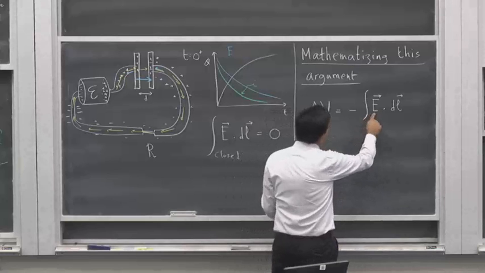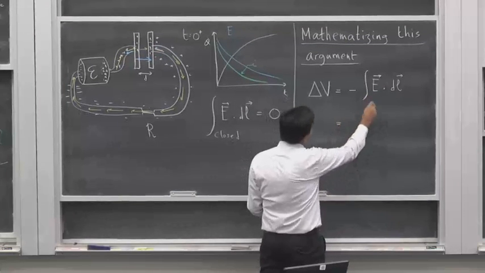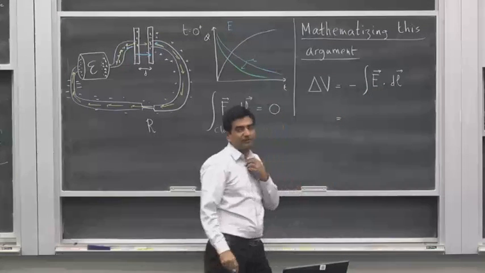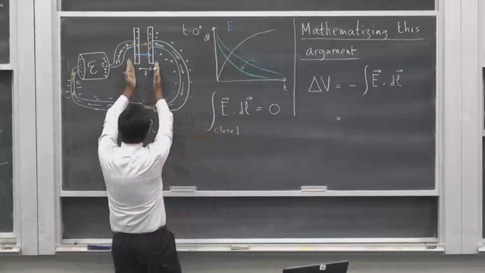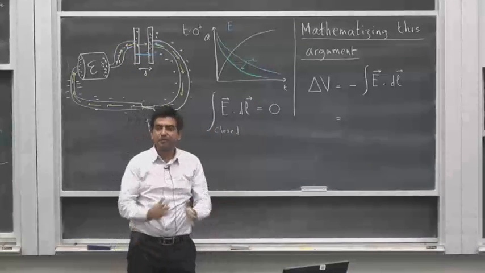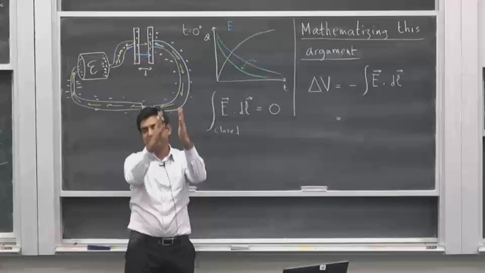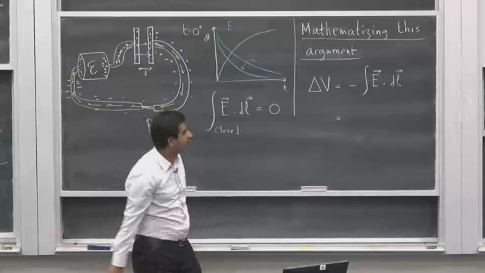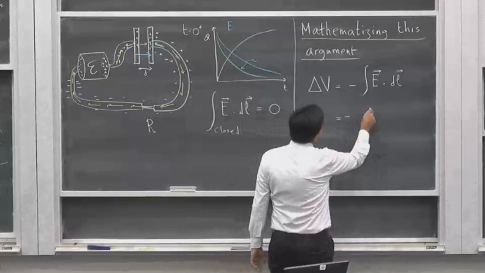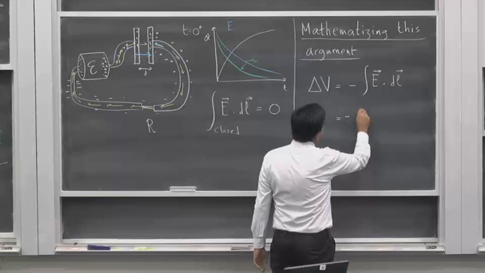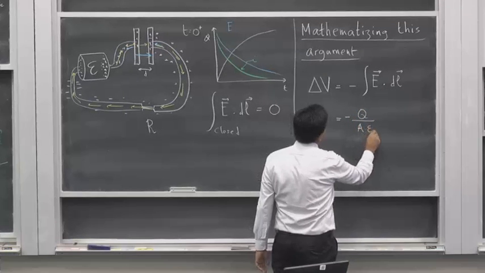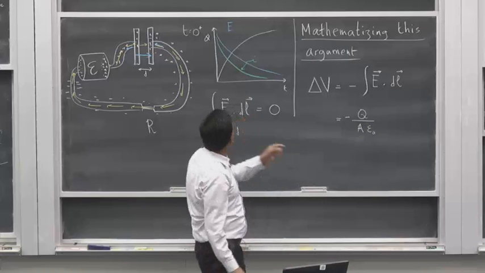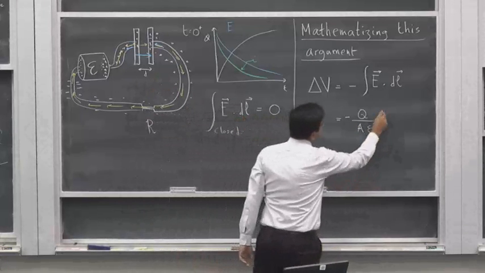Now this E, we know that this is sigma over epsilon naught, roughly. If these plates are large or the distance between them is really small, you can approximate these as infinitely sized plates of a capacitor. So this is really sigma, which is Q over A epsilon naught. dL is just the spacing d.